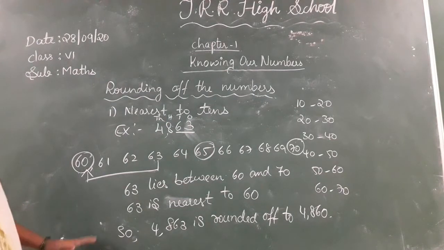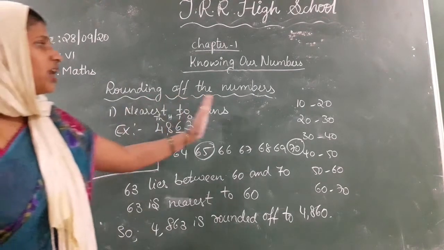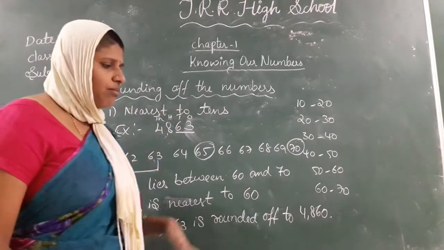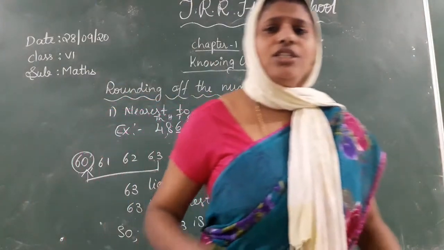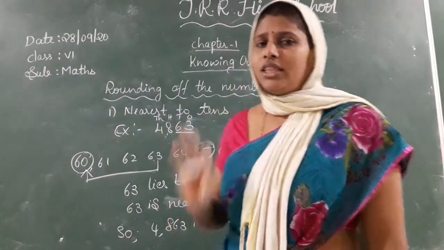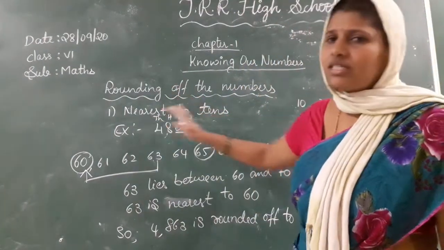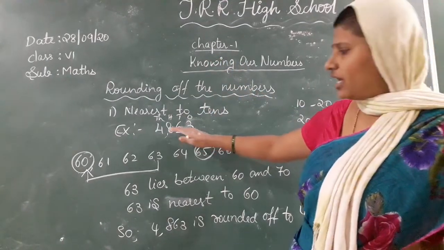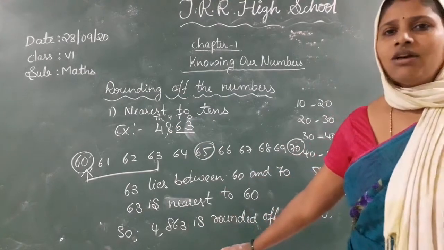So this is how we round off the numbers to the nearest tens. The number may consist of 4 digits, 5 digits, 6 digits. The thing is, whenever it is asked to round to the nearest tens, you have to consider only up to the tens digit. And then you have to follow this process.